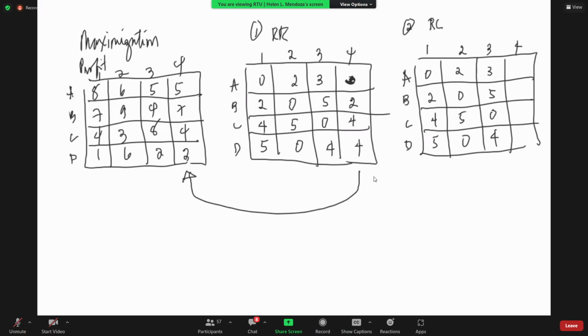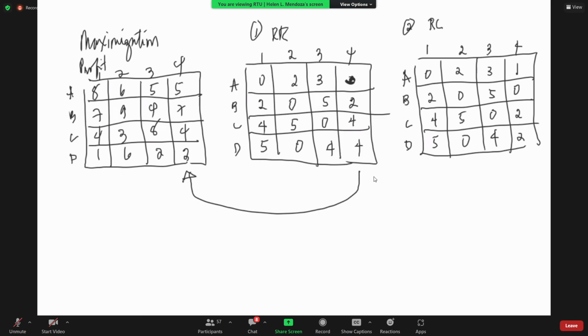So sa maximization, para hindi kayo malito, you go back. Now, since ang gusto mong i-0 dyan yung 7, so hindi yung pinakamataas ang kukunin mo, kung hindi yung pinakamababa. So ito ang gagawin mong 0. So ito ay magiging 2, ito ay magiging 2, at yun ay magiging 1. Kasi pag ni-reduce mo yung pinakamalaki, kasi sabi mo, sa row reduction, hinahanap ko yung pinakamalaki, pag ginamit mo yan sa column reduction, it will not make sense.